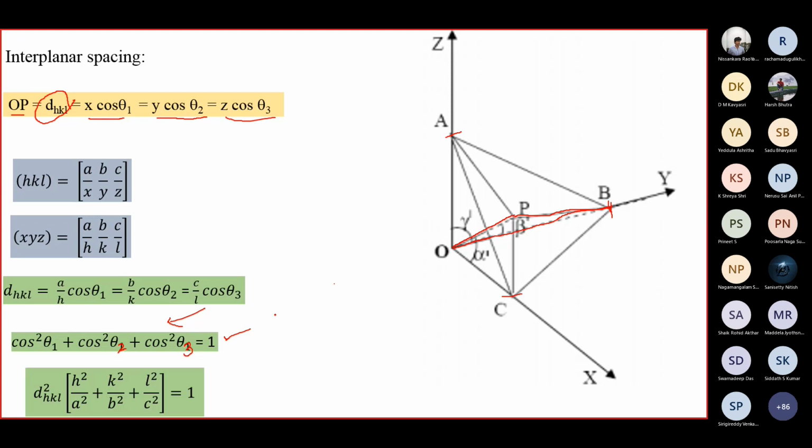Any doubt? You want to note down? Note down for a moment. Any doubt, guys?